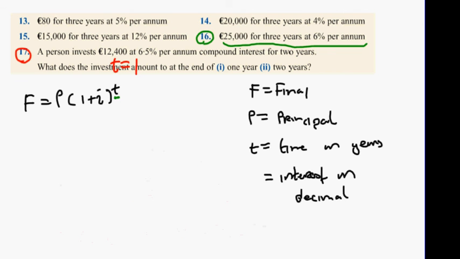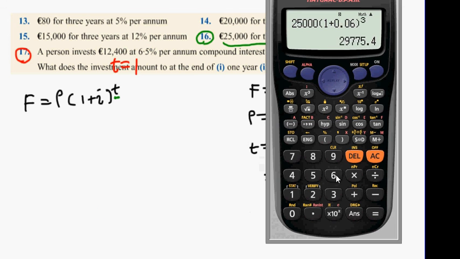Now, can anybody tell me what's 6.5% in decimal? 0.065. 6.5 divided by 100. Okay, so 0.065.